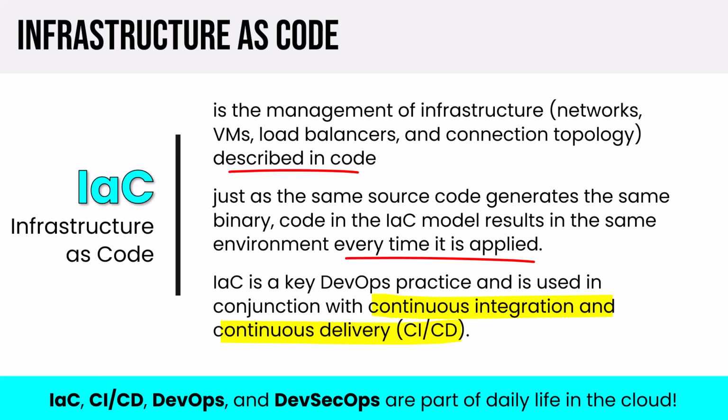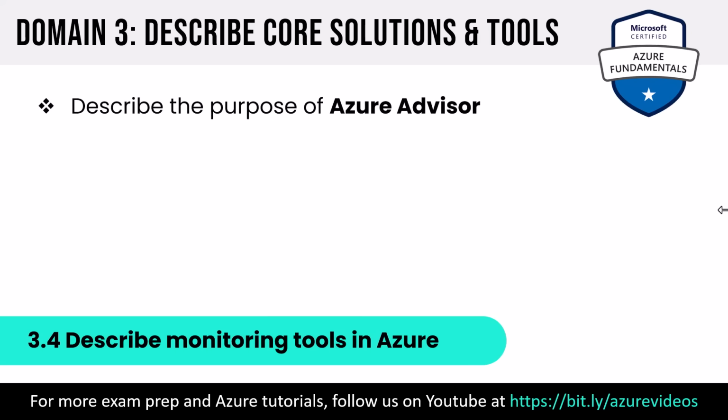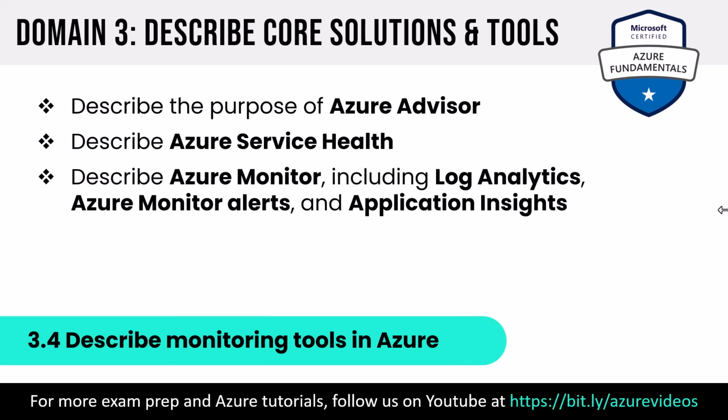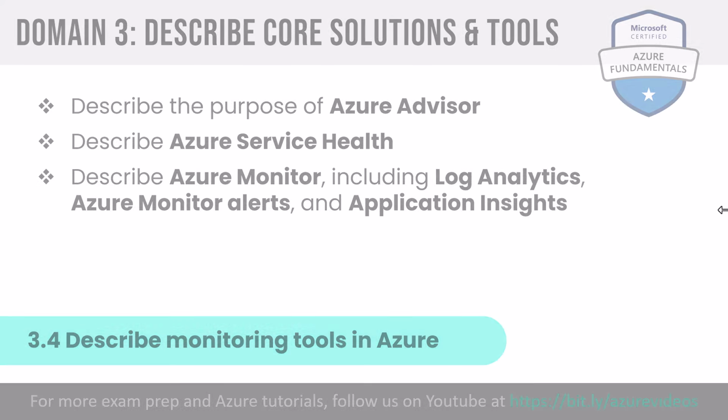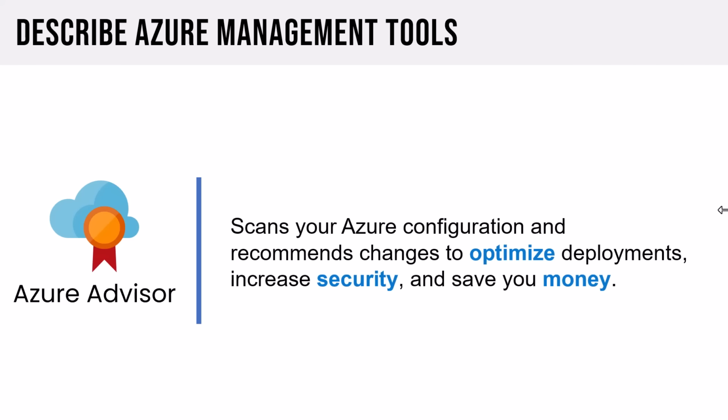And that brings us to the final chapter, Section 3.4, Describe Monitoring Tools in Azure. Here we'll take a look at Azure Advisor, Azure Service Health, Azure Monitor, including Log Analytics, which is the back-end data store of Azure Monitor, Azure Monitor Alerts, and Application Insights. So let's start with Azure Advisor, which scans your Azure configuration and recommends changes to optimize deployments, increase security, and save you money.